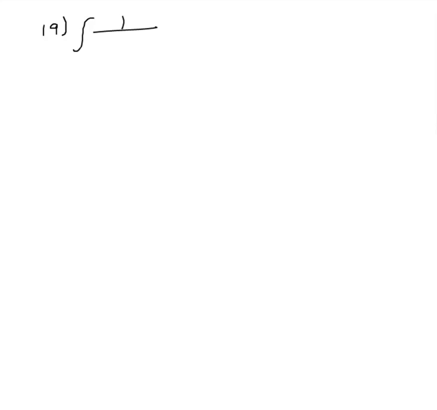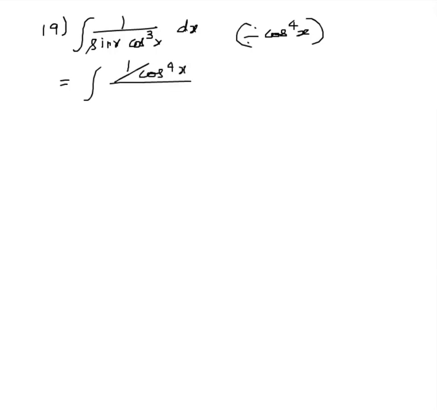Question 19. 1 divided by sin x times cos cube x dx. Since the denominator has cos cube x, I am dividing both numerator and denominator by cos power 4x. 1 divided by cos power 4x, and the denominator also should be divided by cos power 4x.